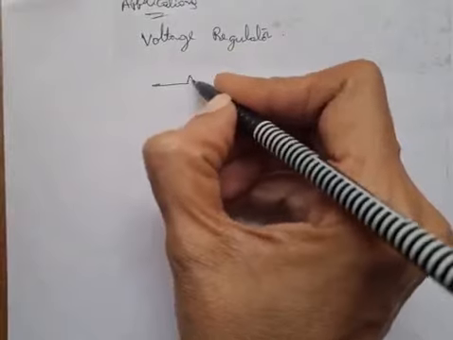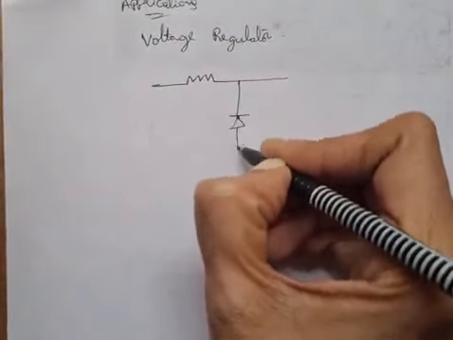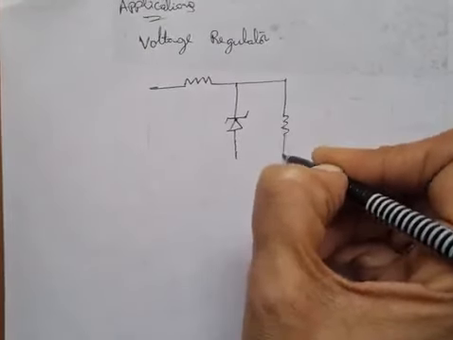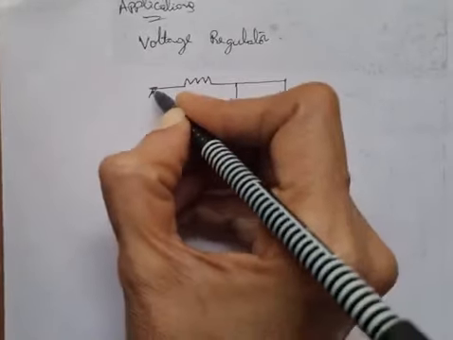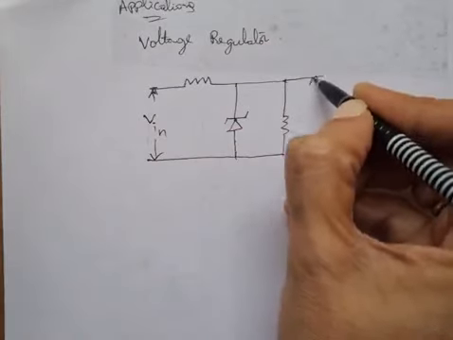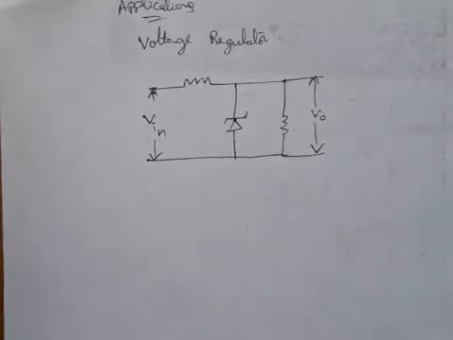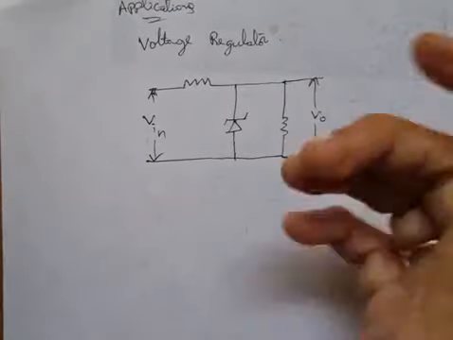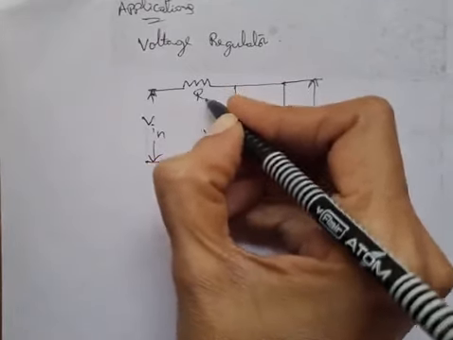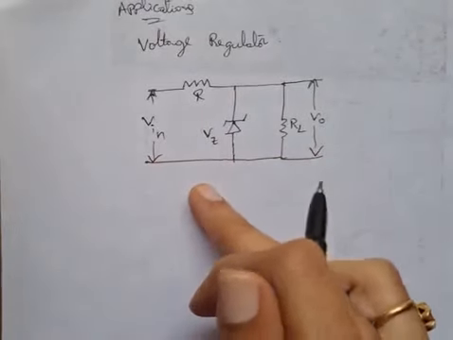So one resistor, Zener diode, other resistor. This is Vin. Across the resistor we are taking output V0. This is our Zener diode. In the Zener diode we have Zener breakdown and Zener voltage. This is R and this is RL. This is the circuit of a voltage regulator.